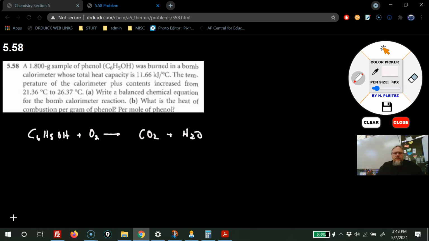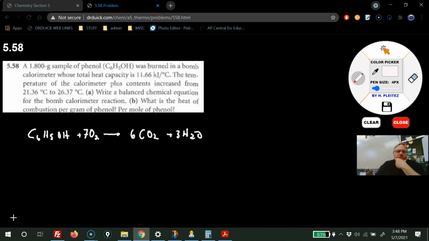We got 6 carbons, so put a 6 in front of the CO2. Then I got 15 O's, so put a 7 in front of the O2. Oh, all right, it's easy.